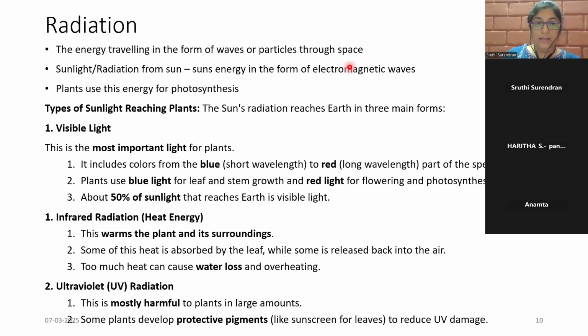So as far as plants are concerned, we talked about how visible light, the spectrum from 400 to 700 nanometers, is the most useful to the plant.